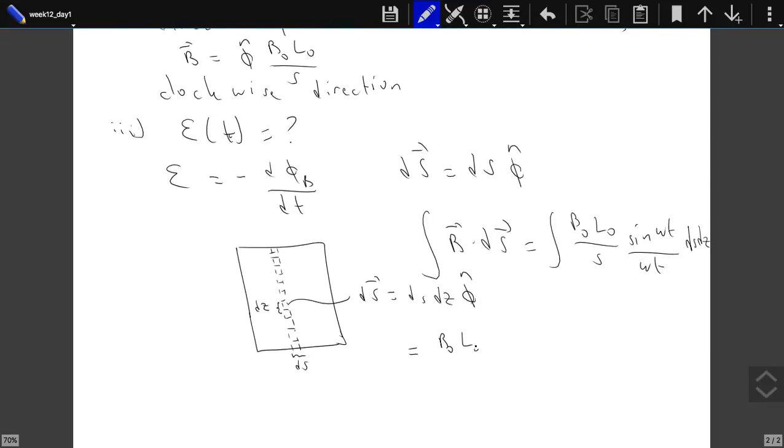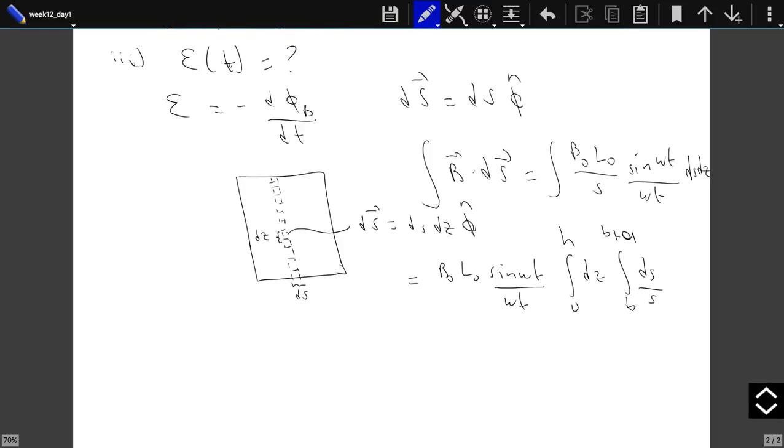That is equal to B0 L0 sine omega t over omega t. These are just constant in the sense that they are independent of s and z. z goes from 0 to h, s goes from b to b plus a, ds over s. So the magnetic flux is B0 L0 sine omega t over omega t times h times logarithm of b plus a over b.